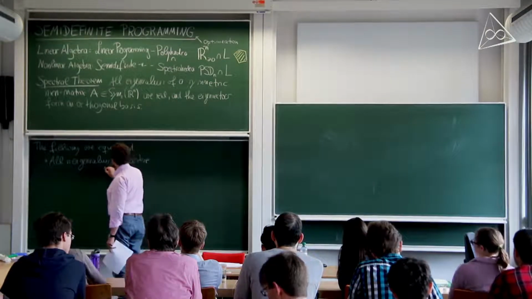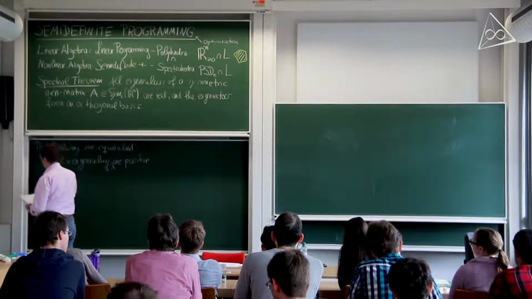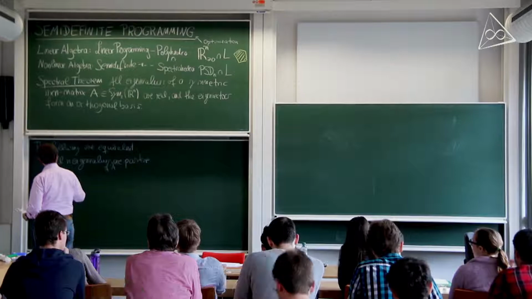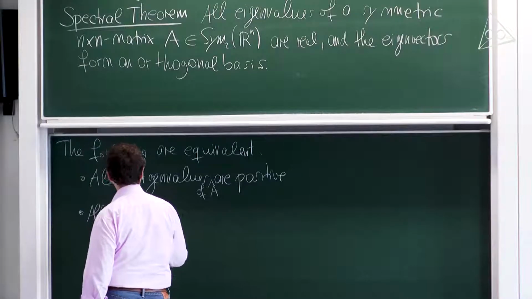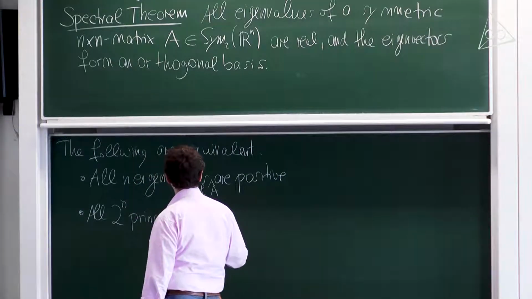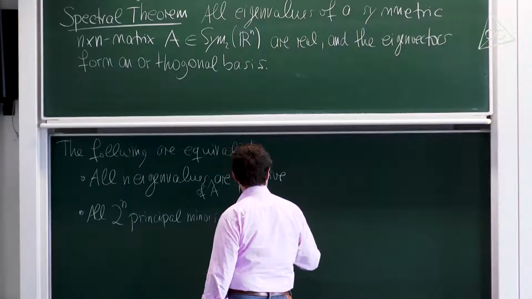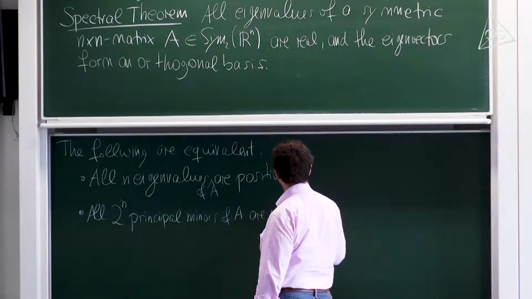Second, all 2^n principal minors of A are positive.